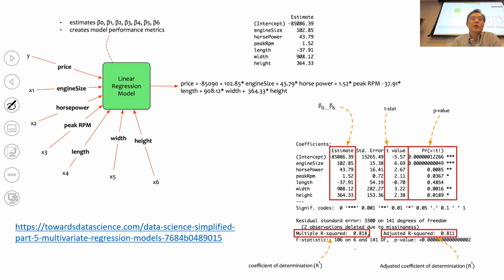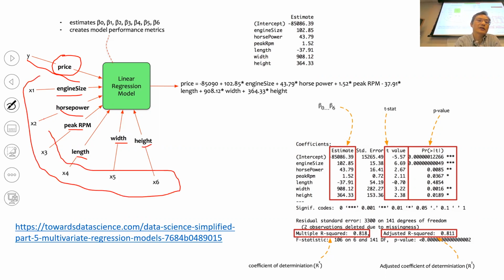Okay, in the multiple variable linear regression model, y is the price you want to predict. Here you use engine size, horsepower, peak RPM, length, weight, and height. So you have those independent variables, and you build a model.